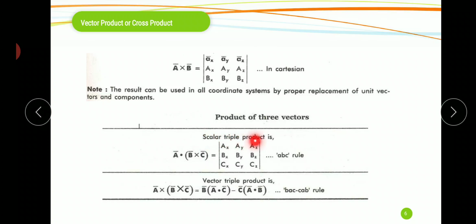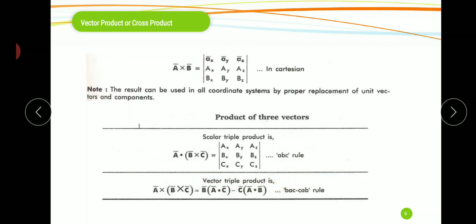This is a scalar triple product. Here it is a vector triple product, that is A bar cross B bar cross C bar. The vector triple product formula is B bar times A bar dot C bar minus C bar times A bar dot B bar.